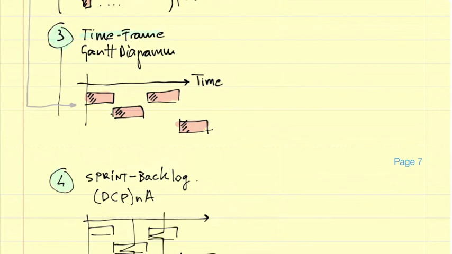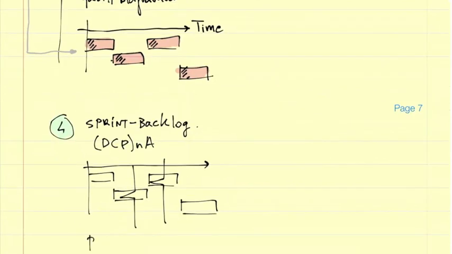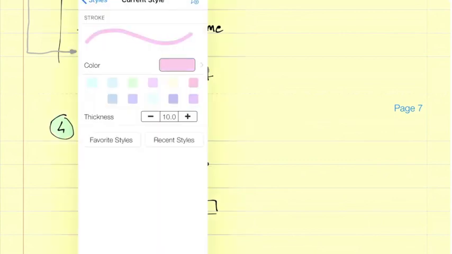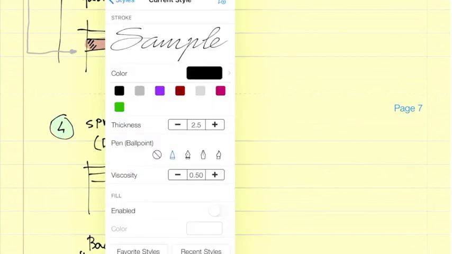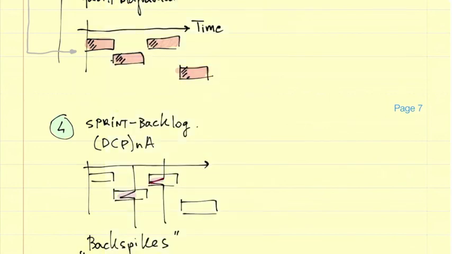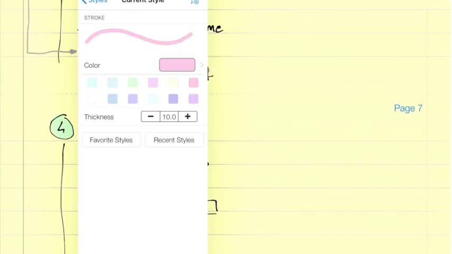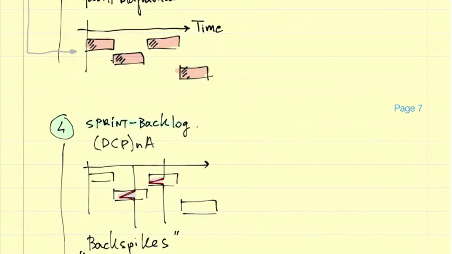Okay, you look for back spikes. And because you're late, here and here you get a red marker, and then you are advised to get those things better. Sprint backlog.